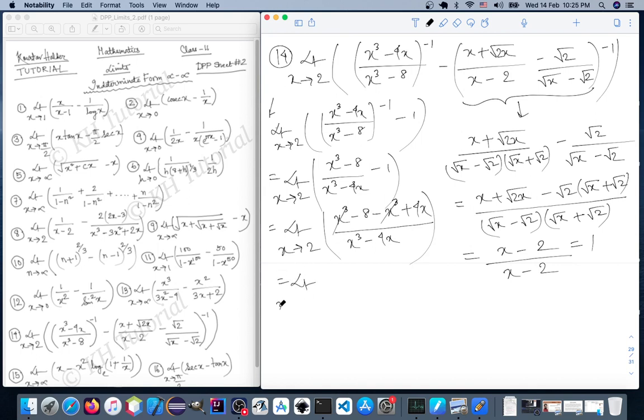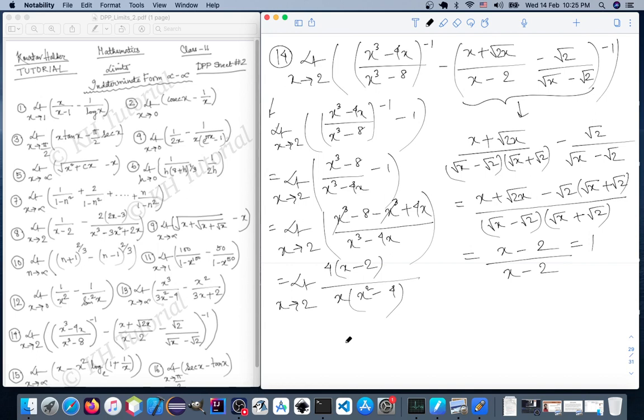We get 4x minus 8, so 4 times (x minus 2), and if we take x common in the denominator, we get x square minus 4.